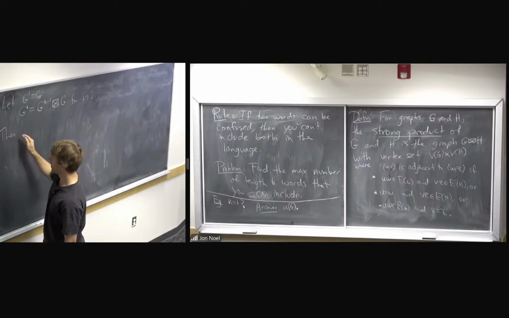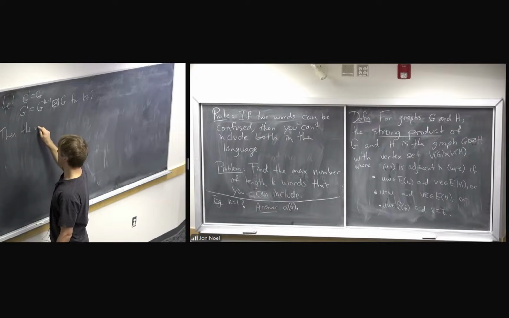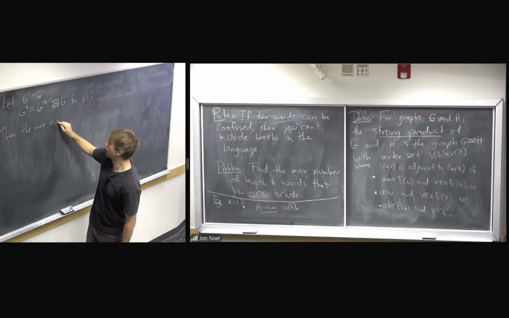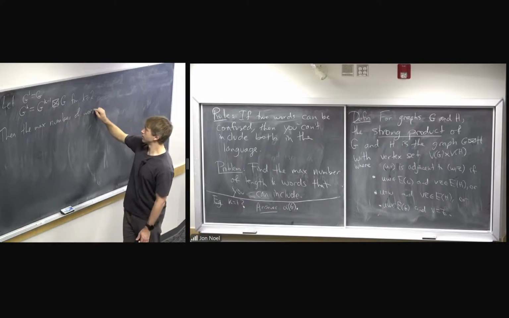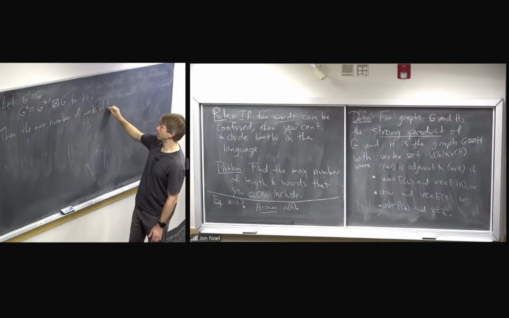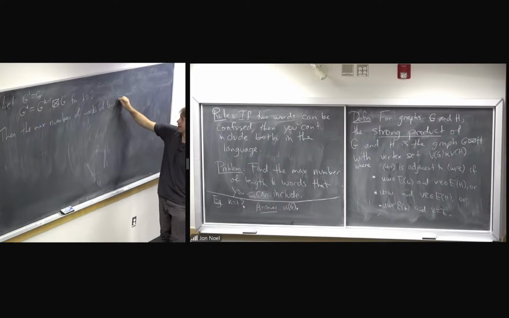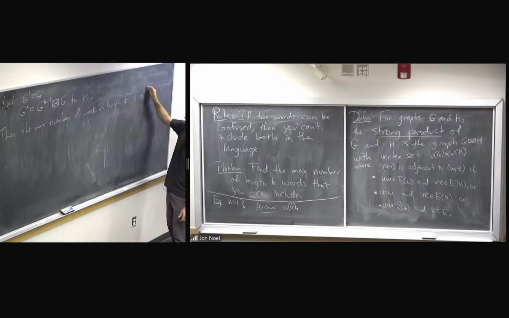Then the max number of words of length k that we're allowed to take in our language is just going to be the independence number of G to the power k.